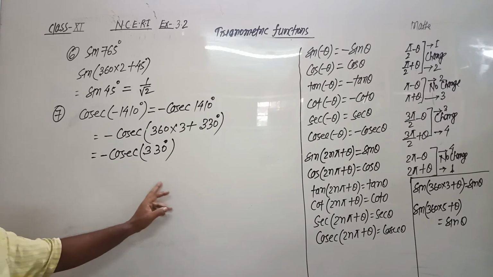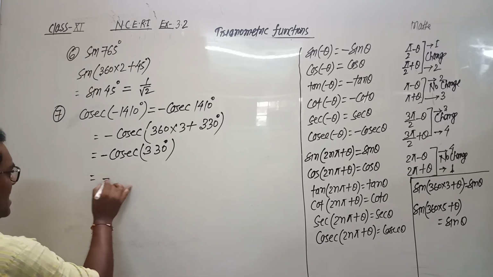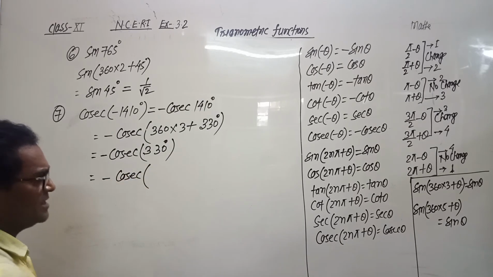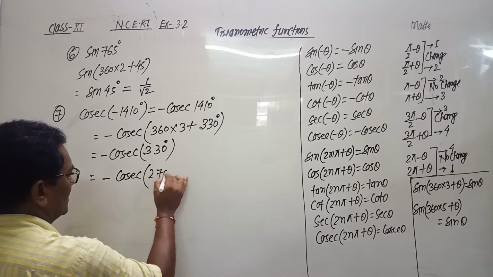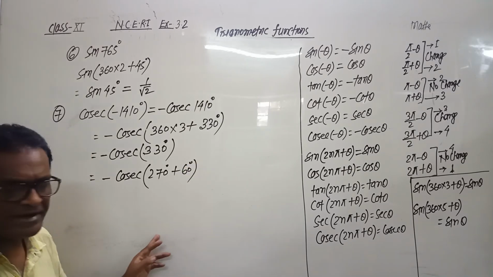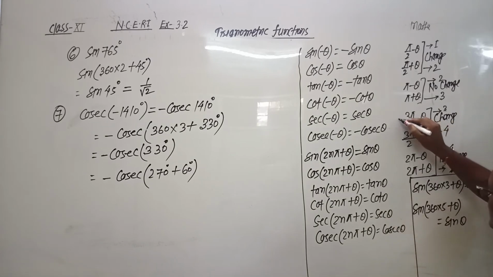Now we can write 330 degree as 270 degree plus 60 degree. 270 degree means 3 pi by 2.